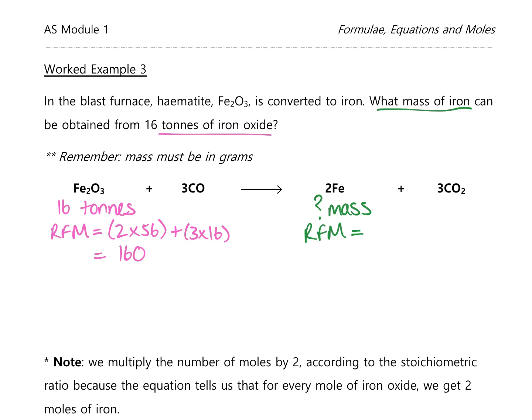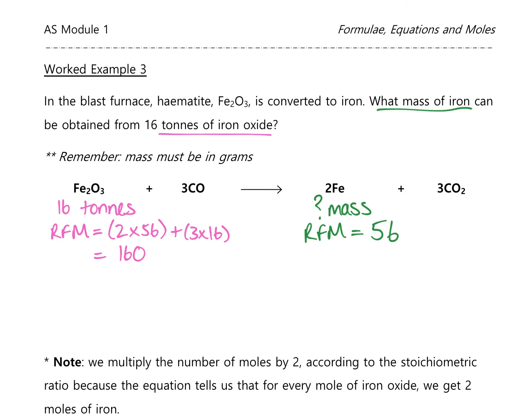We take that into account when we do our ratio, our balancing number ratio later in the calculation. So don't include it at the RFM stage, because then you end up multiplying by 2 twice, and that will get you the wrong answer. So the RFM of iron is just of Fe, which is 56. So ignore balancing numbers when you're doing your RFM.